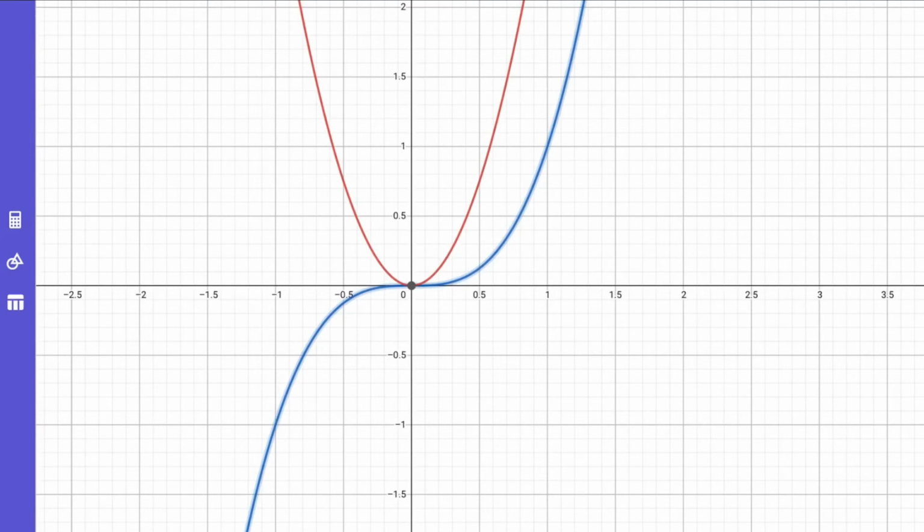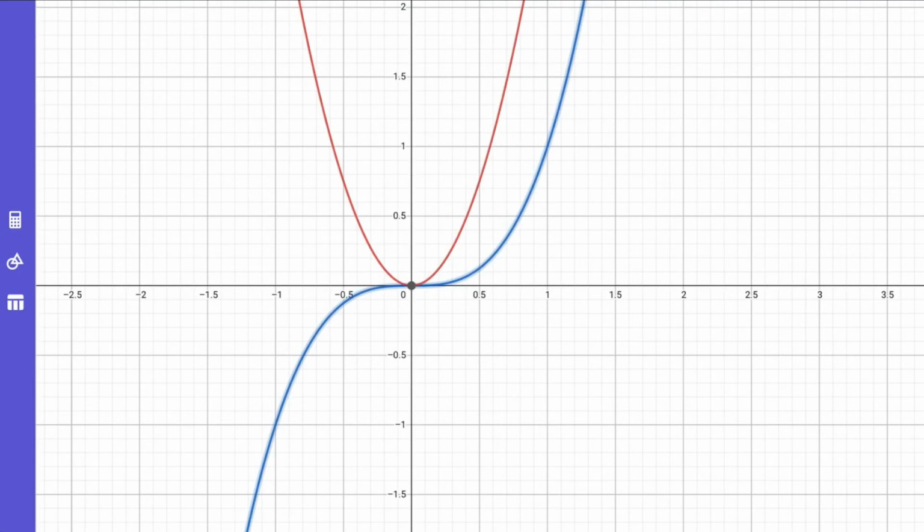See, 3x square, the red graph, does not change its sign because it remains totally above the x-axis, and we know that above the x-axis the y value, or the value of the function, is always positive. So at the point of inflection, the first derivative does not change its sign. It becomes 0 for some time, but its sign does not change.